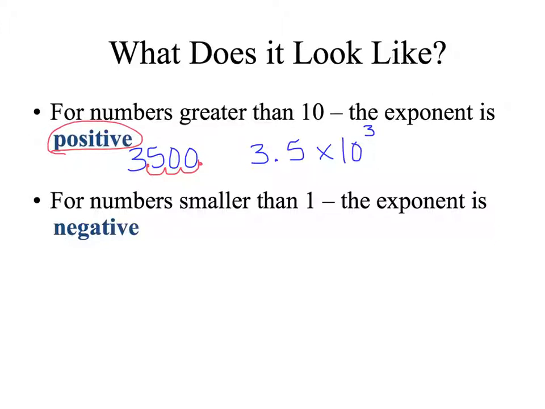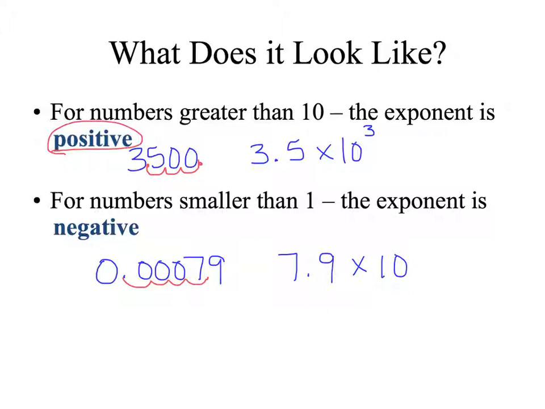Now, if I have a number in standard notation that's smaller than 1, my exponent has to be negative. So an example of that, if I have a number like 0.00079, this is smaller than 1. It's a decimal. That's what it means to be smaller than 1. I have to make a coefficient that's between 1 and 10. So I'm going to move my decimal from where it is right here, 1, 2, 3, 4 places to make it 7.9 times 10 to some power.